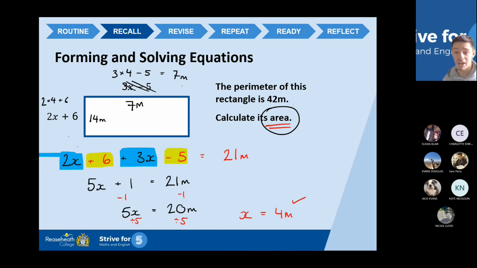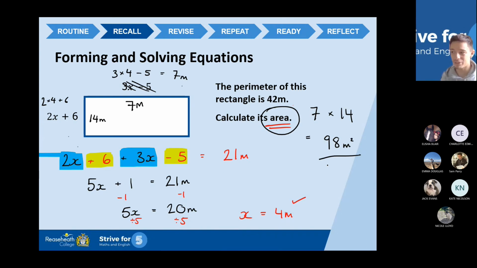The base times height, or length times width. We've got those 2 values there. So 7 times 14. Now, I'm going to be lazy. I am going to use a calculator because I'm just that guy right now. But anyway, 98 meters squared.